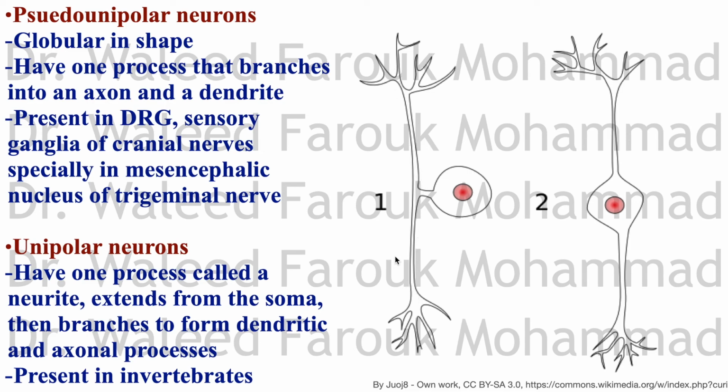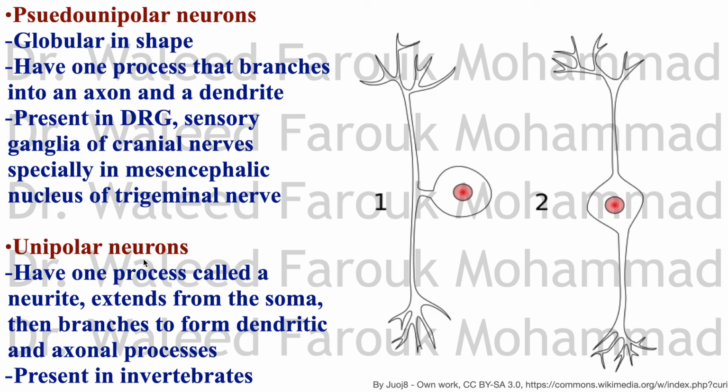The pseudo-unipolar neurons are present in the dorsal root ganglia, in sensory ganglia of cranial nerves, especially the mesencephalic nucleus of the trigeminal nerve. So remember this, the pseudo-unipolar neurons are present in the dorsal root ganglia. They are the neurons that make up the dorsal root ganglia and the sensory ganglia of cranial nerves.